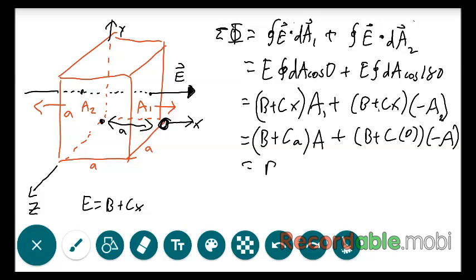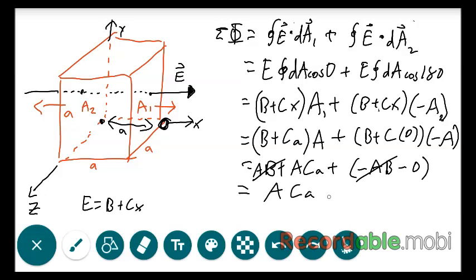Therefore, we get AB plus AC times a, plus negative AB plus or minus 0. Now, these cancel out, so that gets us A times C a.